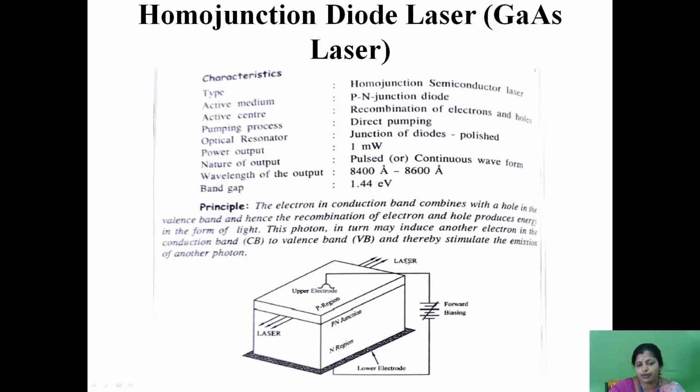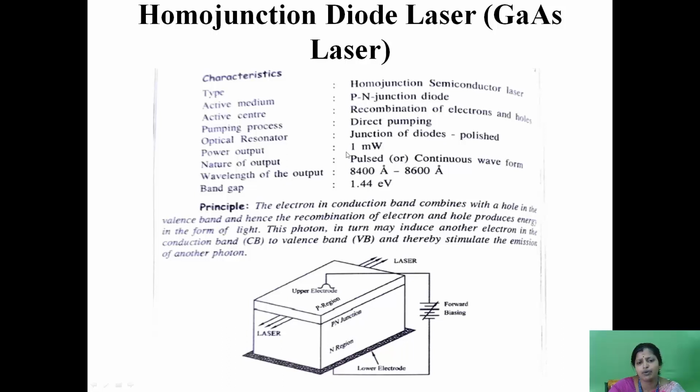This is the pumping process, direct pumping. The upper electrode is connected to the power supply with forward biasing, and the negative terminal is connected to the lower electrode, the negative region. Electrical energy is converted to light energy. The PN junction diode has polished surfaces on both sides, which act as the resonant cavity, and the polished surfaces produce the laser beam.